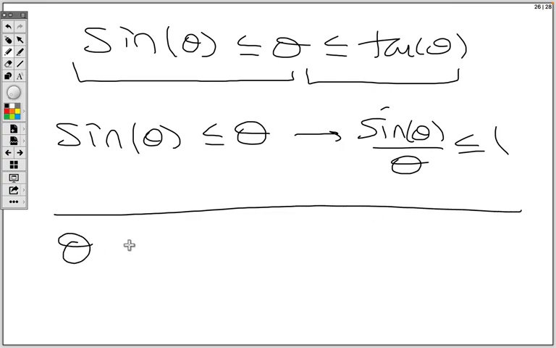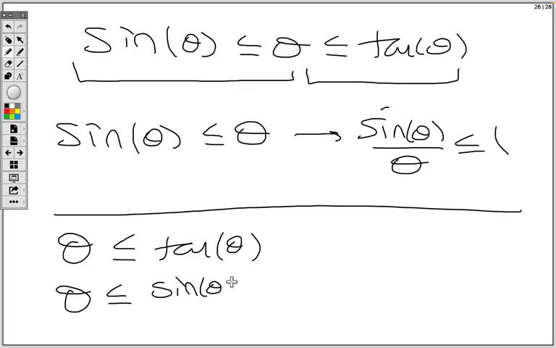From the inequality theta is less than or equal to tangent of theta, I can rewrite tangent of theta as sine over cosine. And once again, assuming I'm in quadrant 1, I can multiply both sides by cosine theta because it's a positive number, and I can divide both sides by theta because it's a positive number.